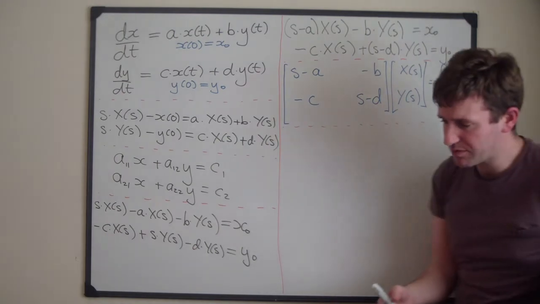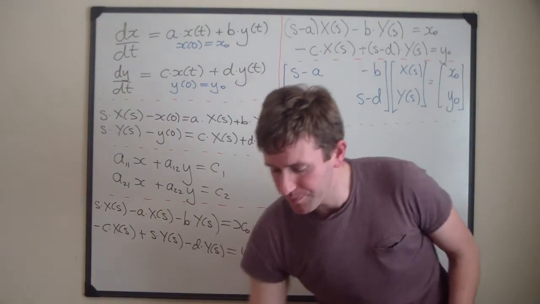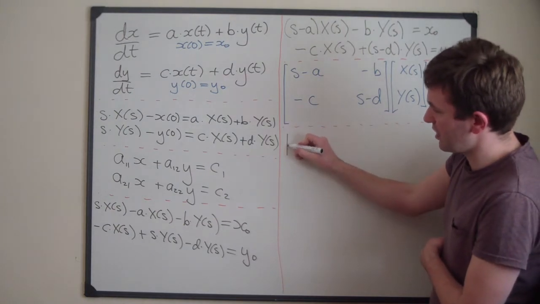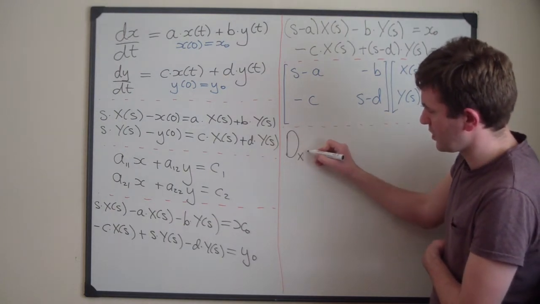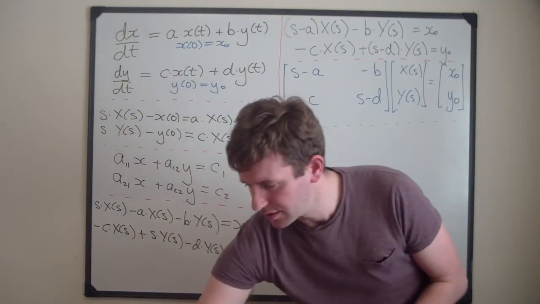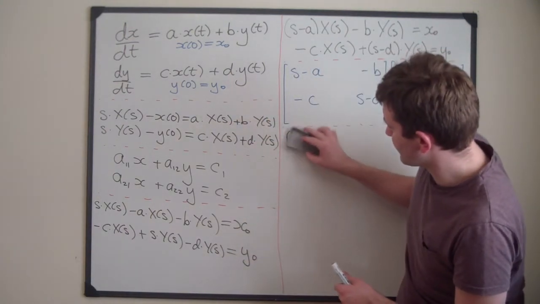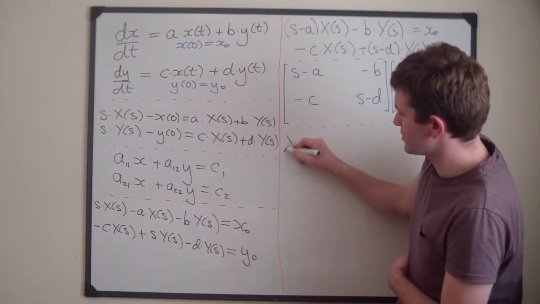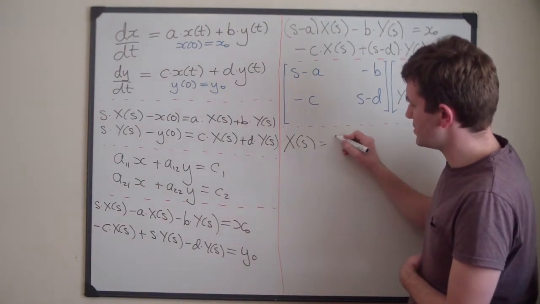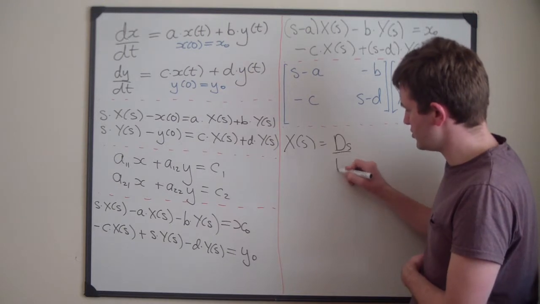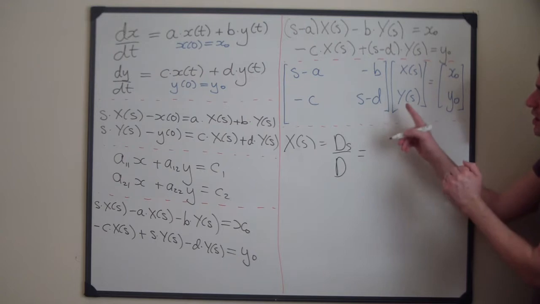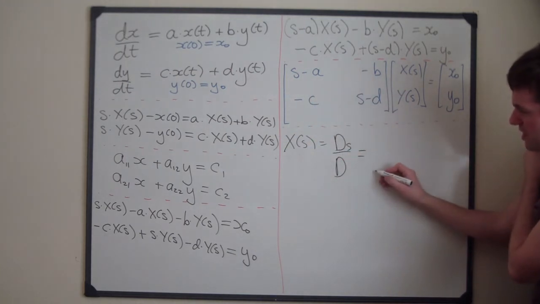So if you remember Cramer's Rule from last semester, it would say that, excuse me, X of s would be equal to Dx over D. Now what are these things? So D is the determinant of the coefficient matrix.